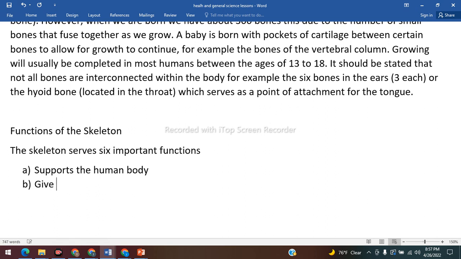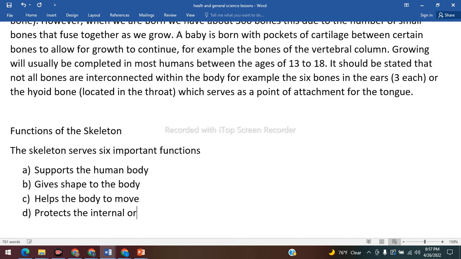Gives the body shape. Helps the body to move. Protects the internal organs, especially the brain, the heart, and the lungs.